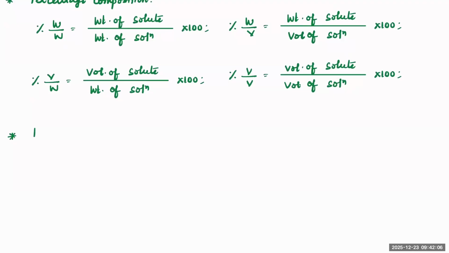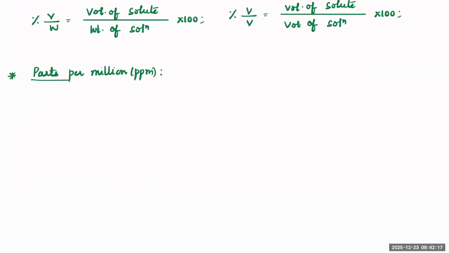Other than that, we have parts per million, which is ppm. This is also a representation of concentration or strength. Okay, so ppm is the weight of solute upon the weight of solution into 10 raised to the power of 6.